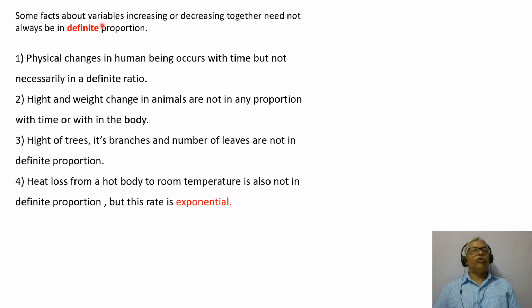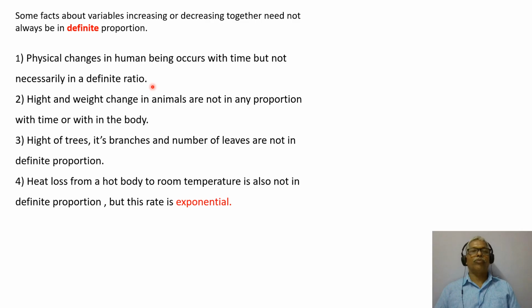Some facts about variables increasing or decreasing together need not always be in definite proportion. Something increases, something decreases. They do increase with time, but not in a definite proportion. First one: physical changes in a human being occur with time, but not necessarily in a definite ratio.